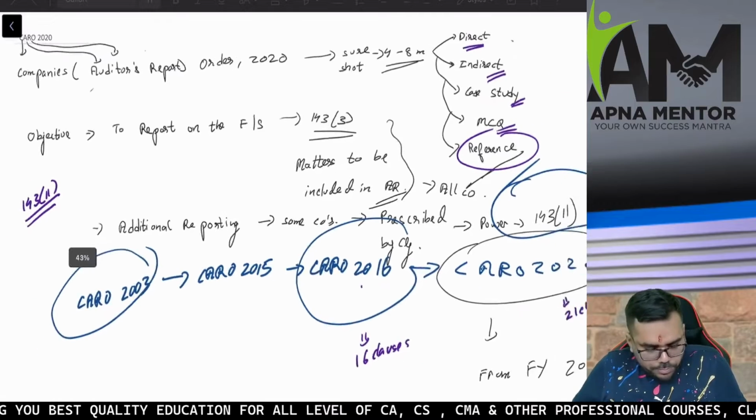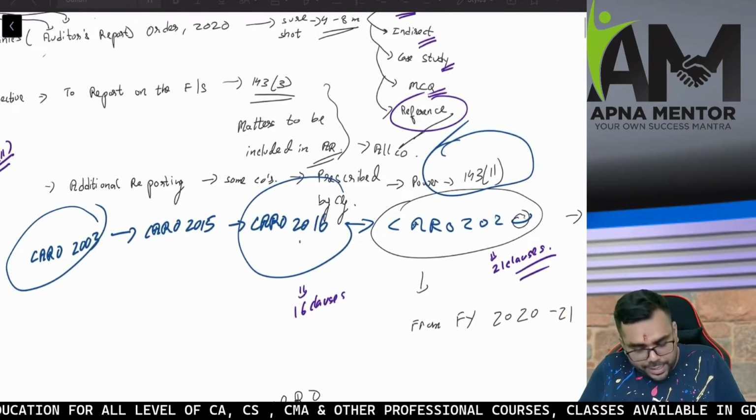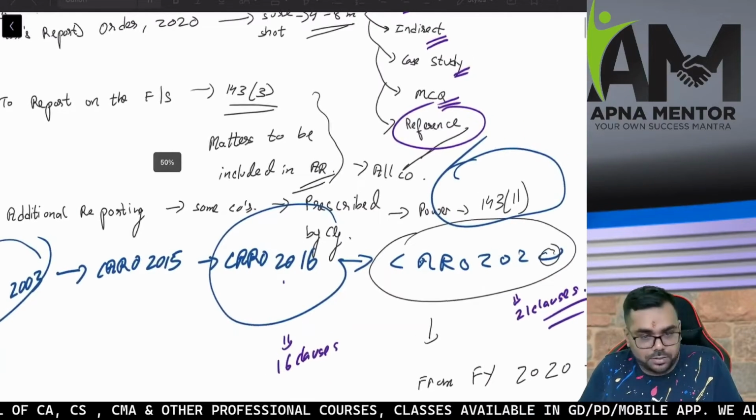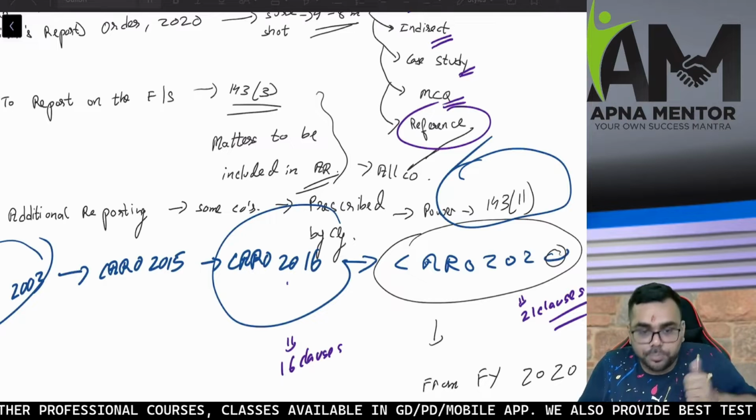Do remember the main objective of the auditor is to report on the financial statements. As per 143(3), the auditor has to report on several matters. So 143(3) deals with matters to be included in the auditor's report.